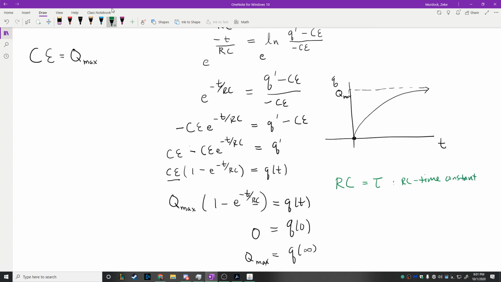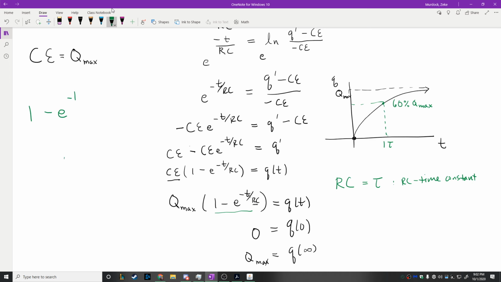Really what it represents is that after one time constant, you're going to be at about 63% of your maximum charge, I believe. This would be at 1 tau. At this location, I think it's about 60% of Qmax. How much exactly? Well, at one time constant, this fraction would be 1 minus e to the negative 1.